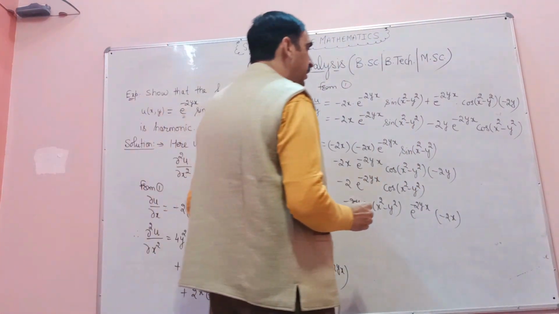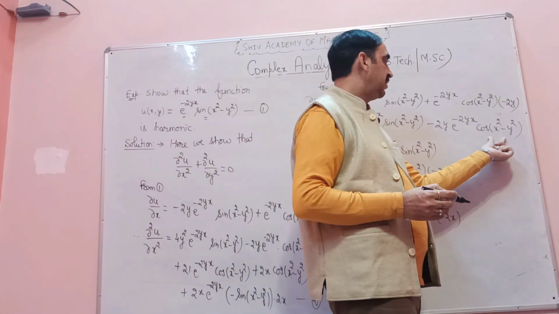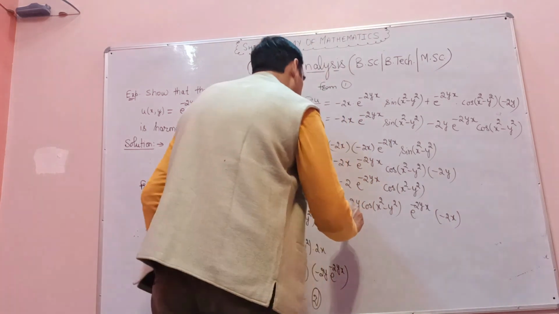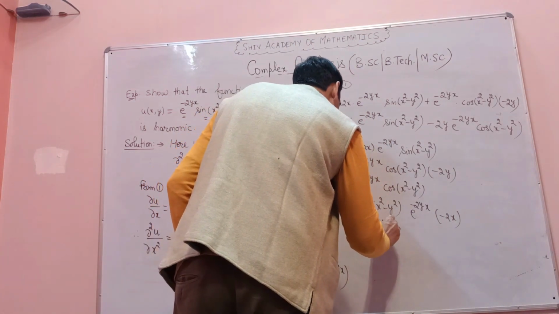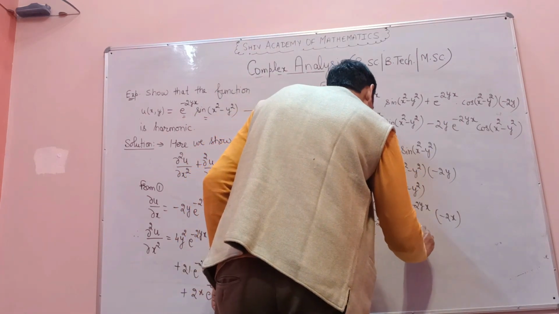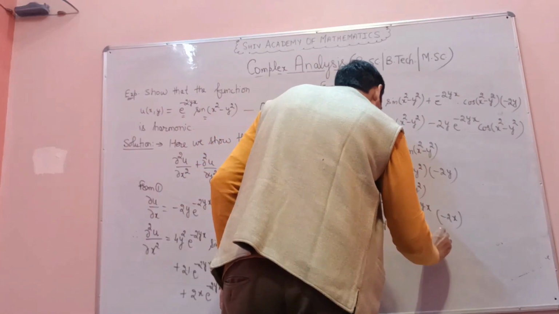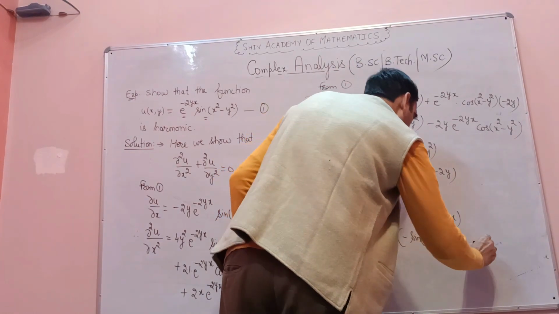And finally what you do, you keep these two terms same and we differentiate this term with respect to y. So it is minus 2y e to the power minus 2yx, and the derivative of this cos is again minus sine of x square minus y square, and it is again minus 2y. So we take it as 3.